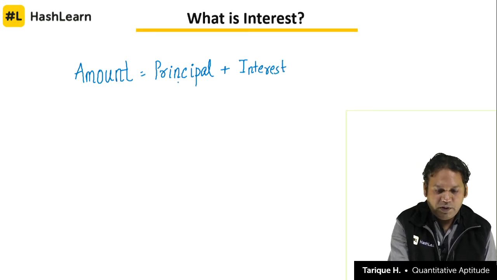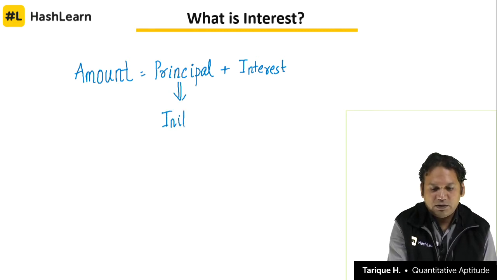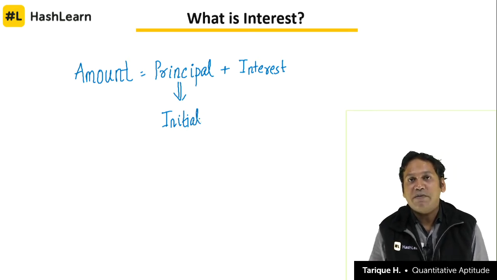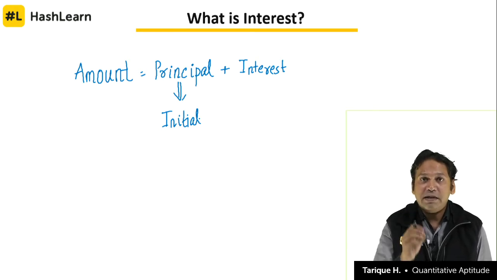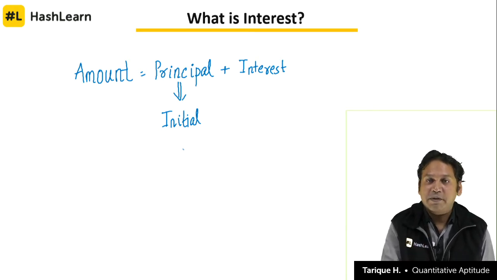So what is this principal? The principal is our initial deposit, what we are depositing in the bank, or the amount that we are giving as a loan to someone, or the amount that we are borrowing from someone. That initial amount is called the principal.